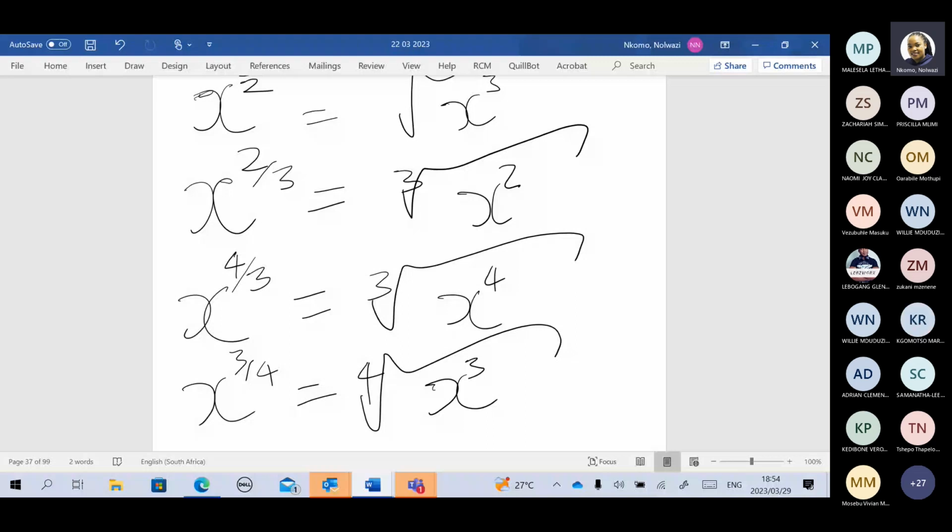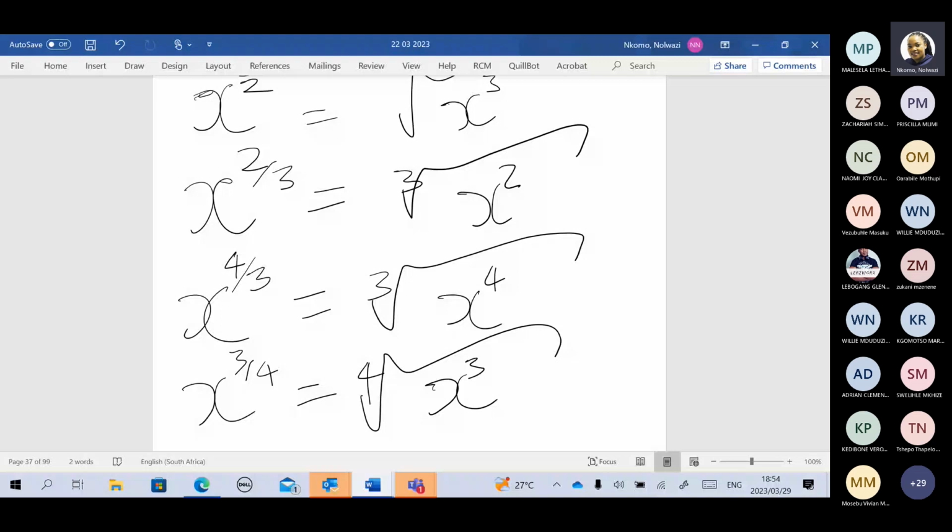We have e to the power x times this bracket, and e to the power x times this bracket. I will take this bracket as a and this bracket as b, meaning we have e to the power x a plus e to the power x b. You take out e to the power x here, you'll be left with a. You take out e to the power x here, you'll be left with b.